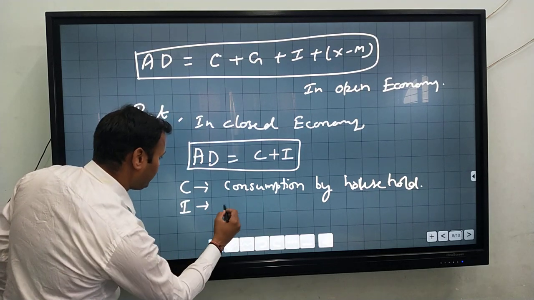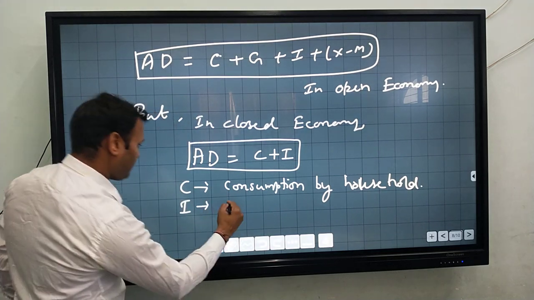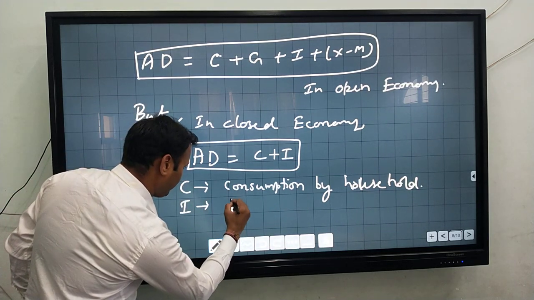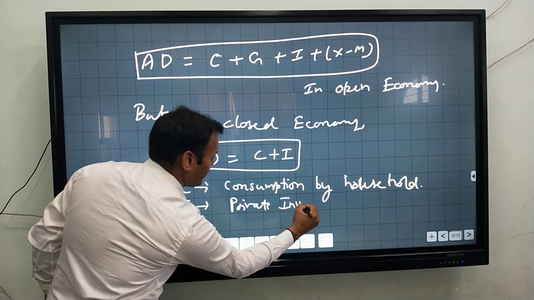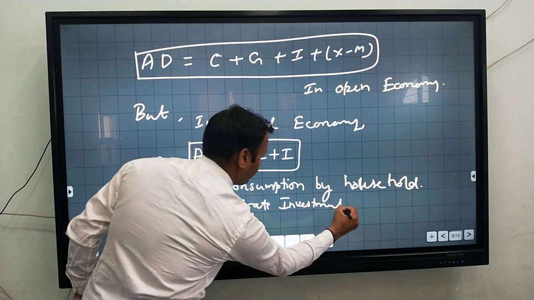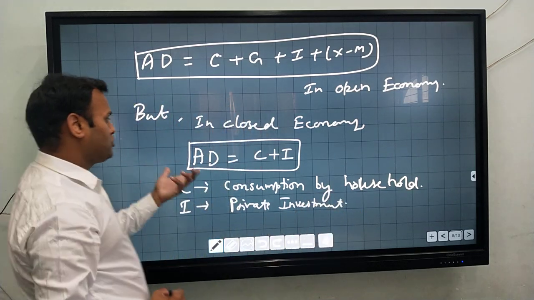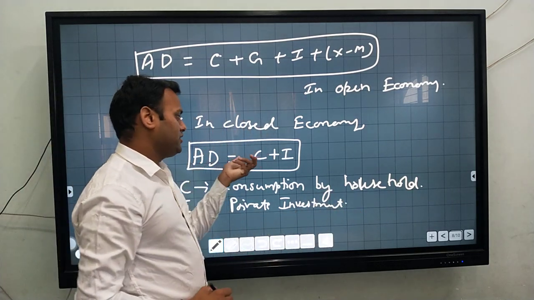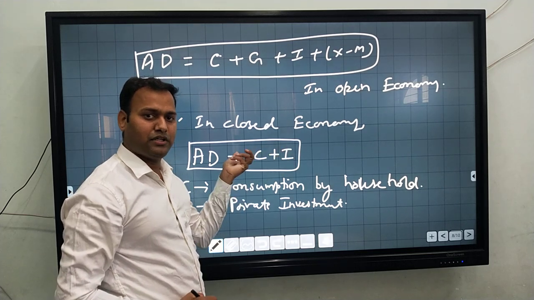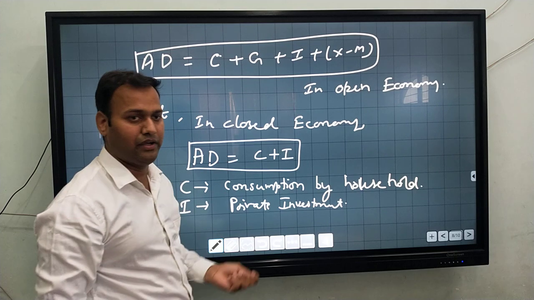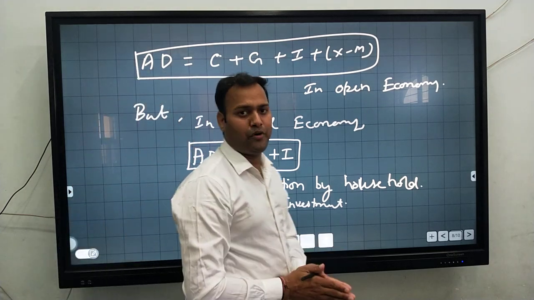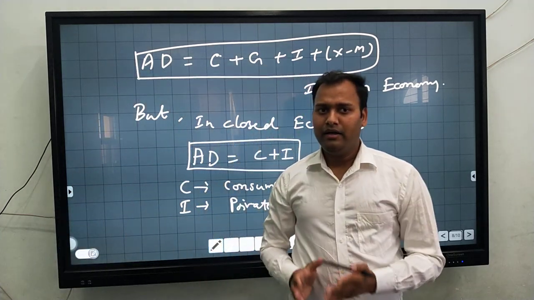And here I is the private investment. So in a closed economy, AD is C plus I. Means the consumption and we can add the investment, we will get the AD. Okay. So these are the components of aggregate demand.